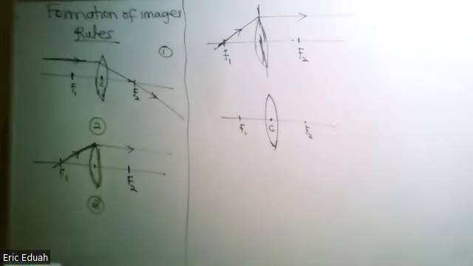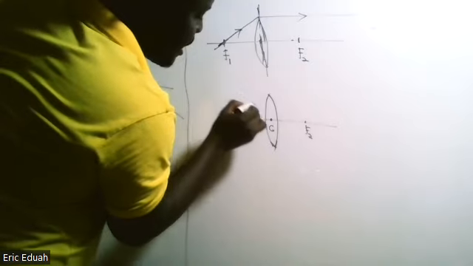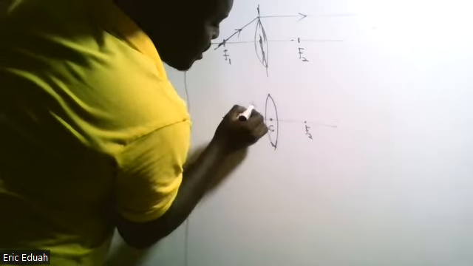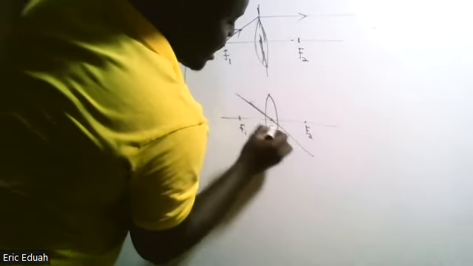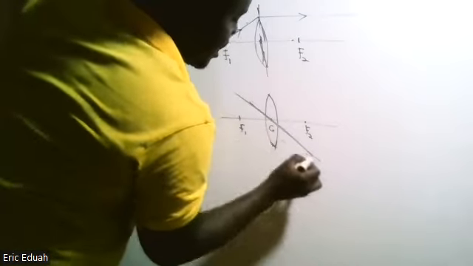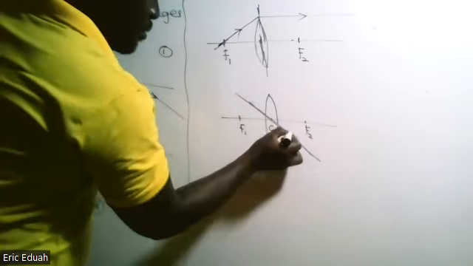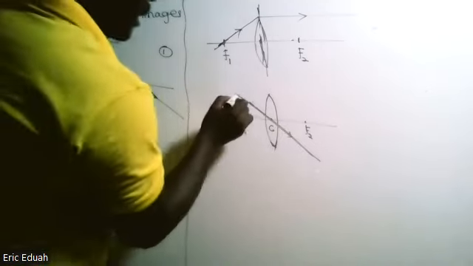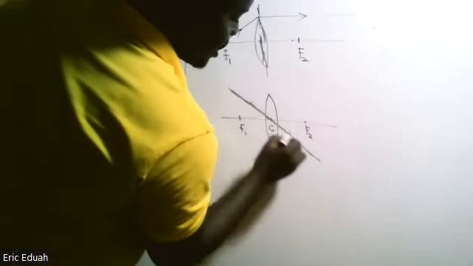A ray of light hitting the optical center or passing through the optical center, once the ray is through the optical center, it goes undeviated. So when the ray is through the optical center, it goes undeviated.